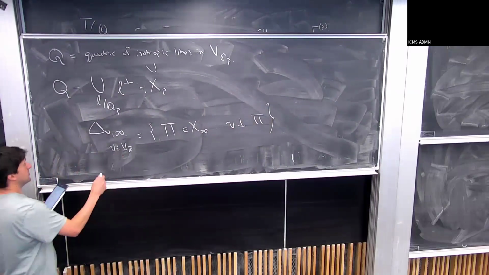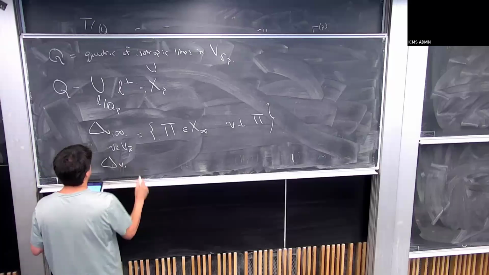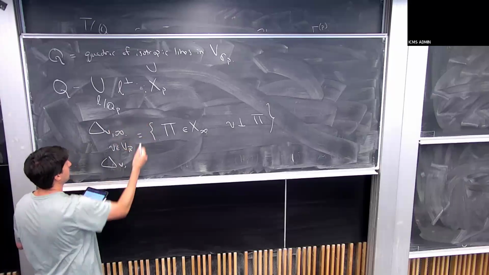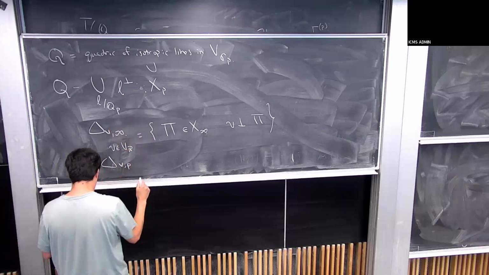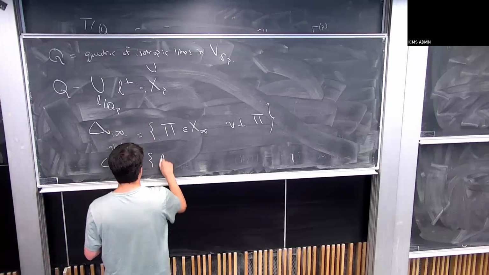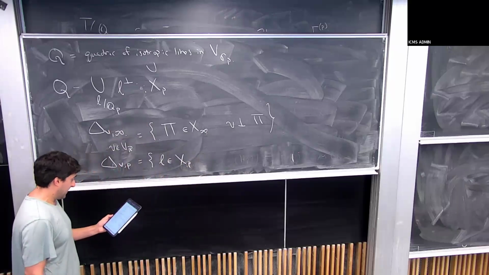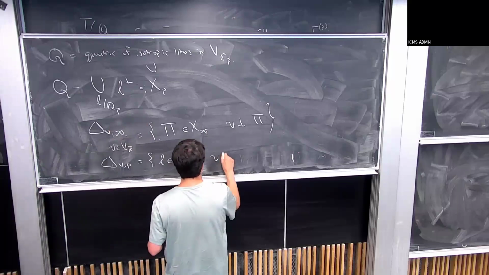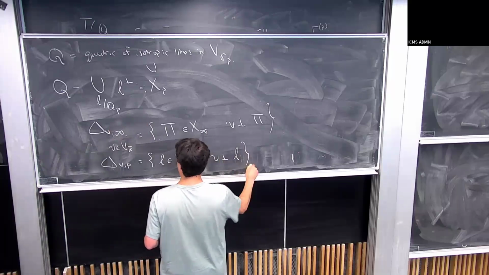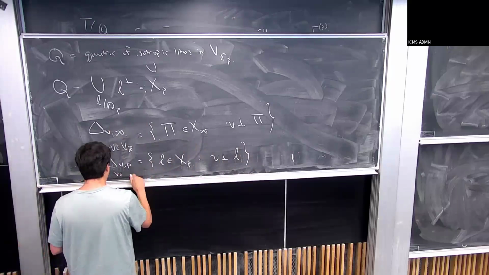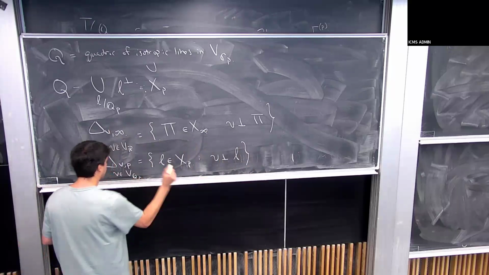You can write down a totally analogous definition of a divisor on the associated p-adic symmetric space. You look at the set of isotropic lines which are perpendicular to the vector v. That's if you have a vector v inside of V over Q_p.